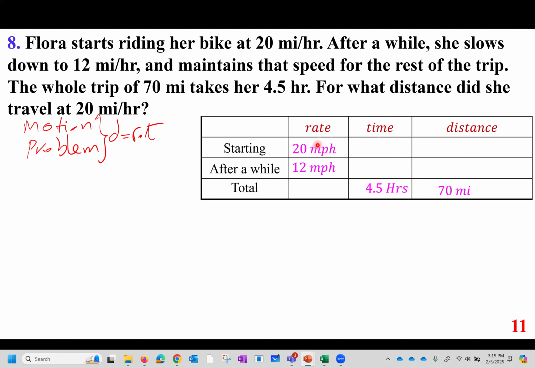So how long did she go for 20 miles per hour? I don't know, X, Y, Z, T. Let's go with T to represent time. If the total time was 4.5, the rest of it must be for 12 miles per hour, which means 4.5 minus T. Please understand, again, if you add these two, they cancel each other, we get 4.5. What distance do we cover here? 20 times T, because D equals RT.